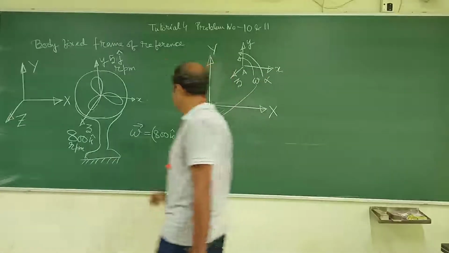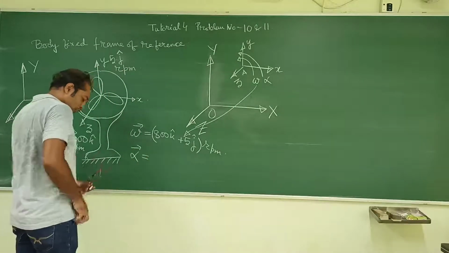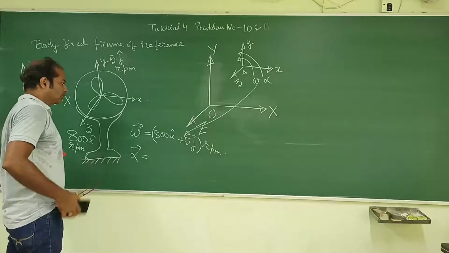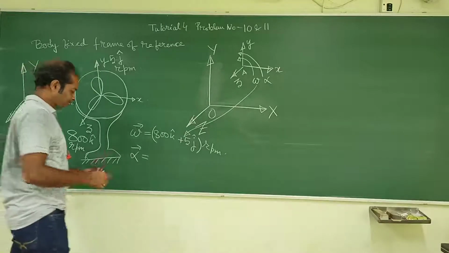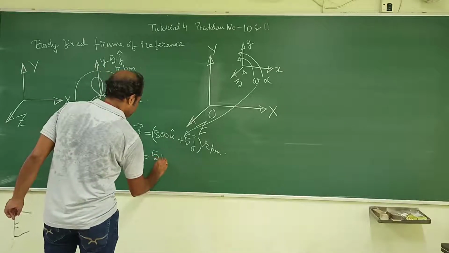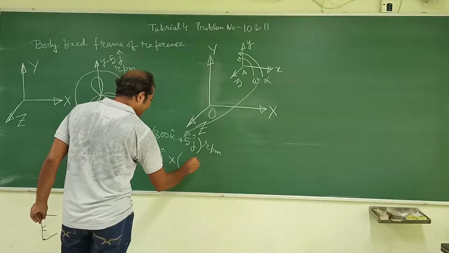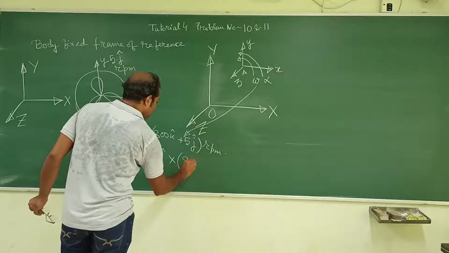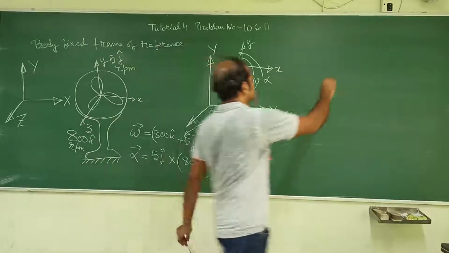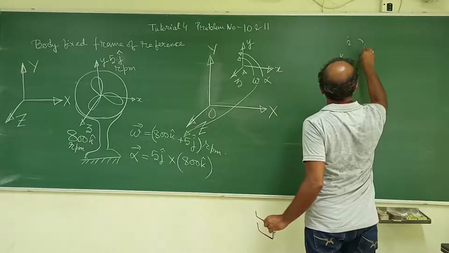Now what is alpha? Alpha is going to be 5j plus the entire, or I can make it 800 k. So I'll be just choosing i, j, k.